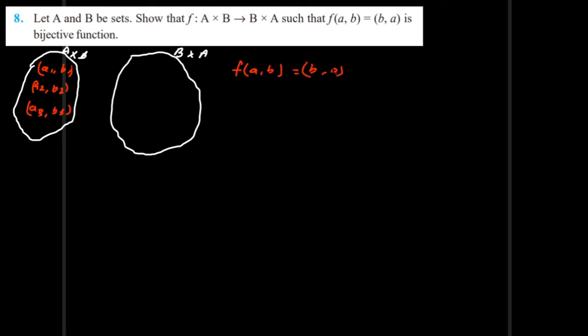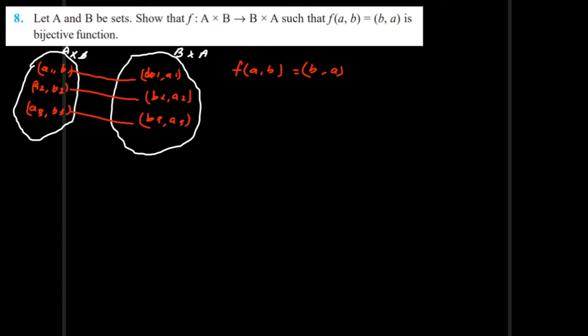That is, if you take (a, b), the image is (b, a). We change the first and second coordinates of the ordered pair. So (a1, b1) is mapping to (b1, a1), the image of (a2, b2) is (b2, a2), and the image of (a3, b3) is (b3, a3).